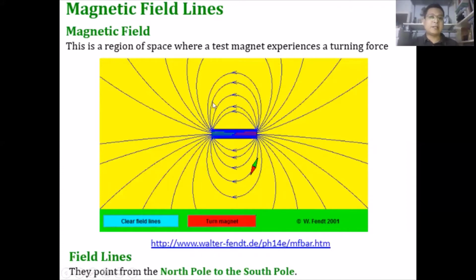We can try to see these lines with magnetic powder, which is actually iron or ferro particles. When we distribute it around the magnet, the ferro particles will create a pattern like the electric and magnetic field. It should look like this.